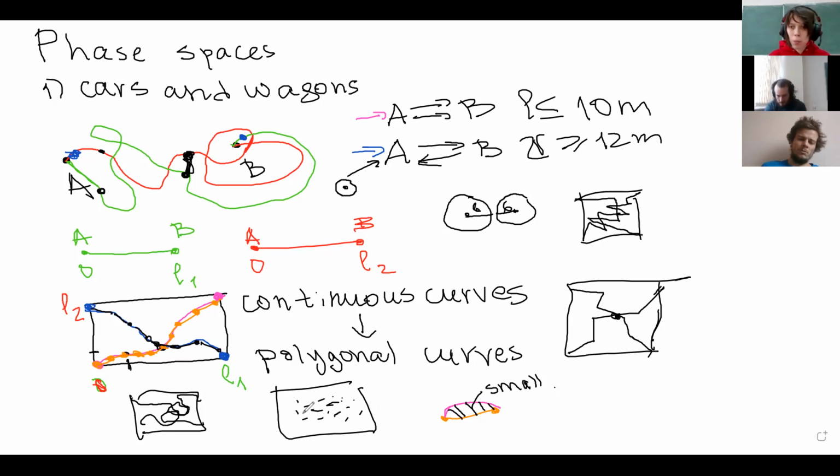And because these points are inside the rectangle, these points will accumulate, will dense up to some point. And the point to which they tend to go as we lessen the distance is actually an intersection point of the continuous curves.